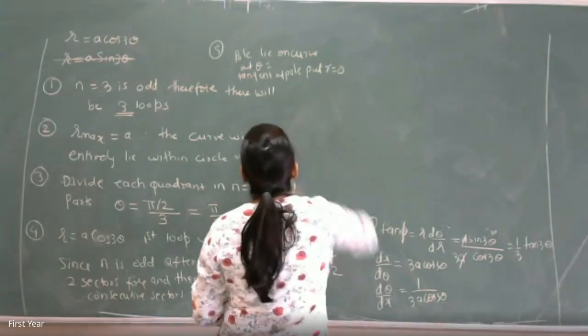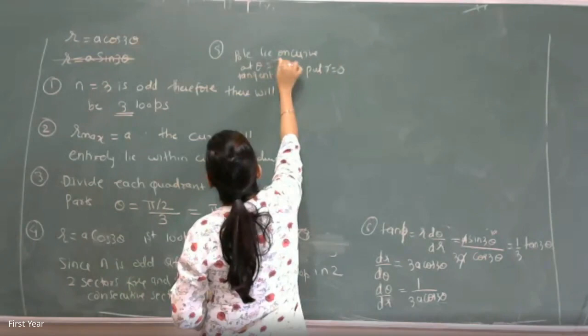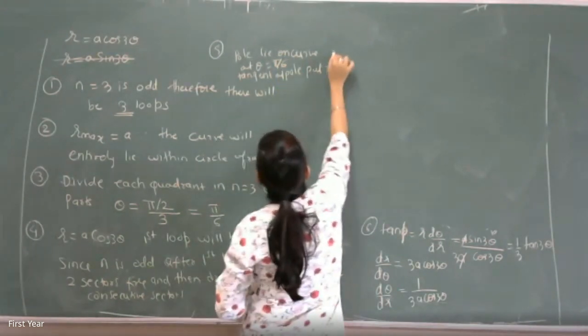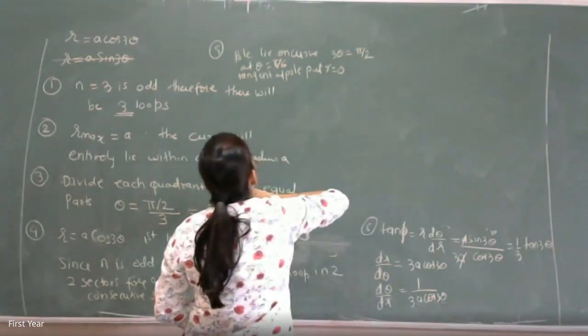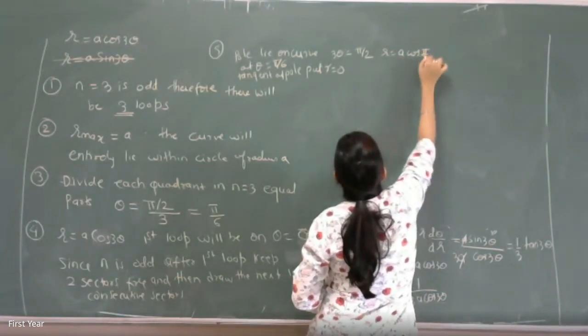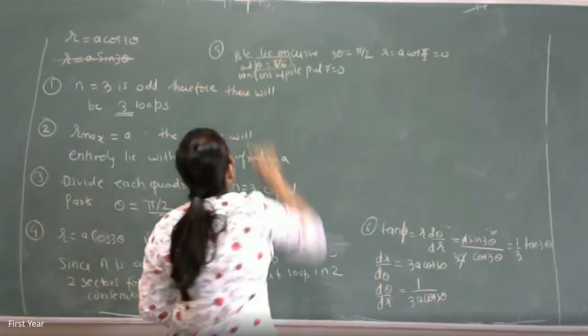And directly, can you tell me what will be tan phi? 3 theta, theta should be pi by 6. So that 3 theta will become pi by 2 and cos pi by 2 is 0. So that r, which is a cos of pi by 2, will become 0. So at theta equal to pi by 6, you get the pole.